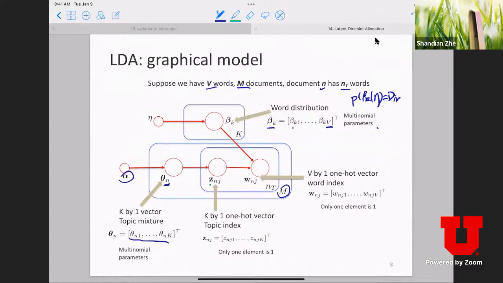And then, given the topic mixture, we sample each word in the document n. We have N_n words.